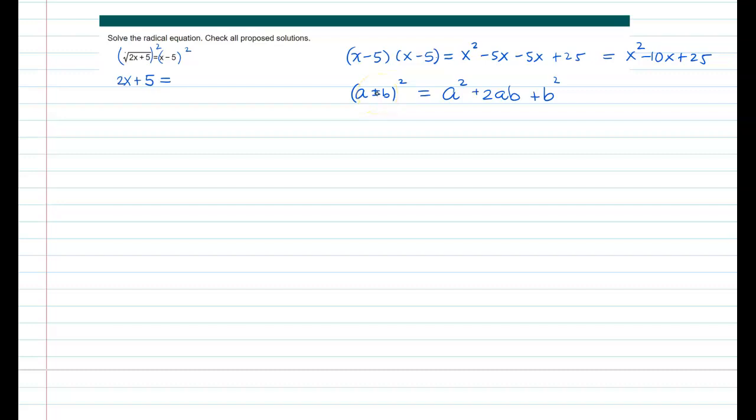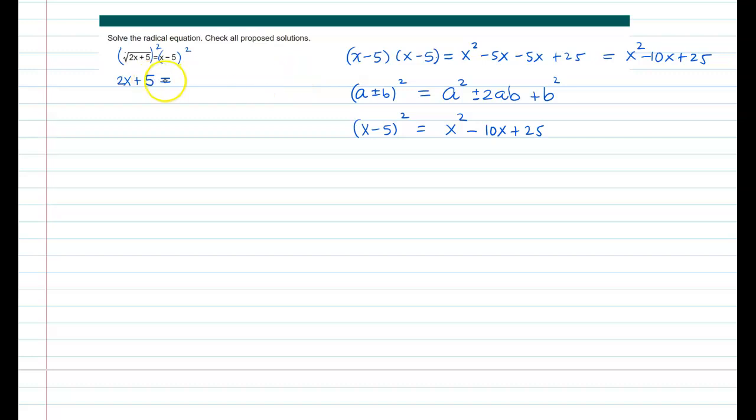So it's plus if it's plus, and minus if this one is minus. If you apply that to x minus 5 squared, that is equal to x squared minus, you multiply negative 5 and x, so negative 5x times 2 is negative 10x, plus you square the last term, which is 25. See, you got the same expression.